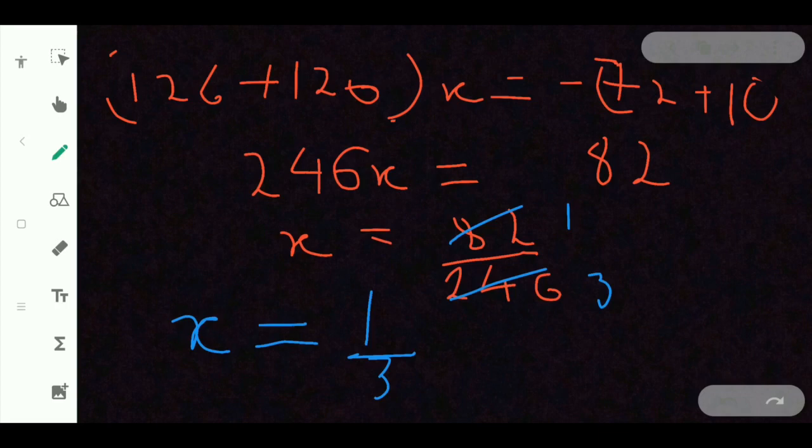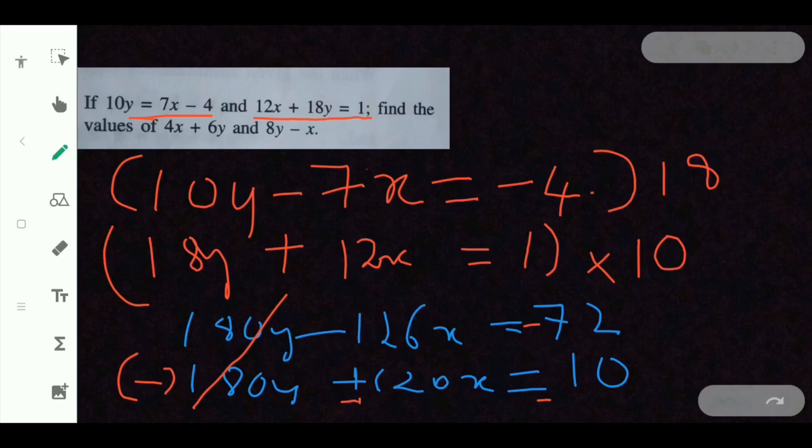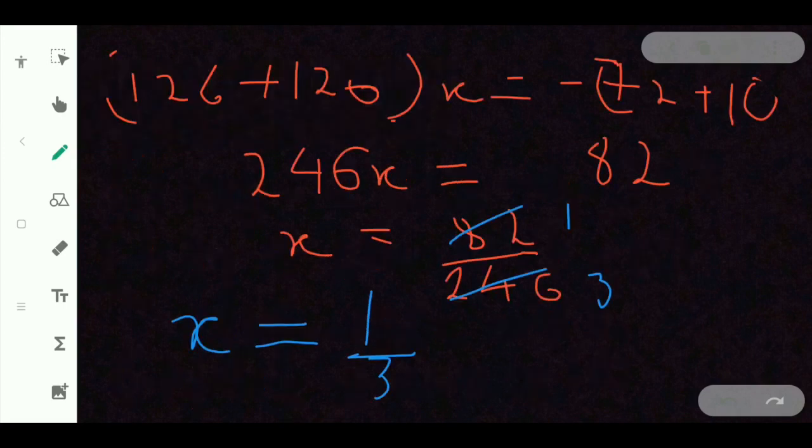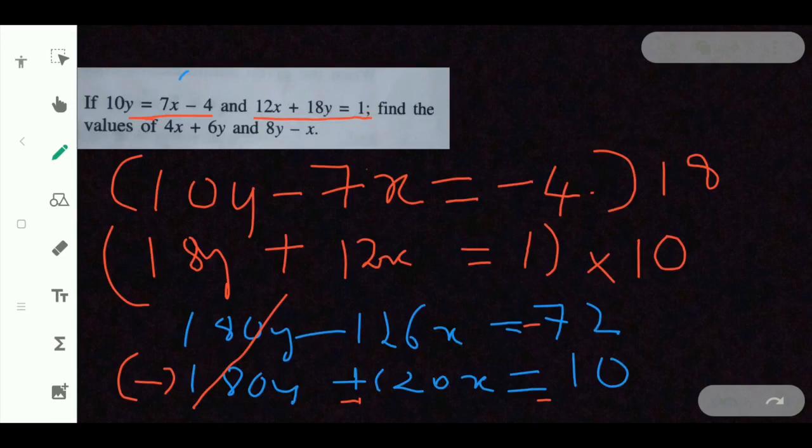So now we should substitute the value of x in any of the equations. So I am substituting the value of x in the first equation. So 10y is equal to 7x minus 4.